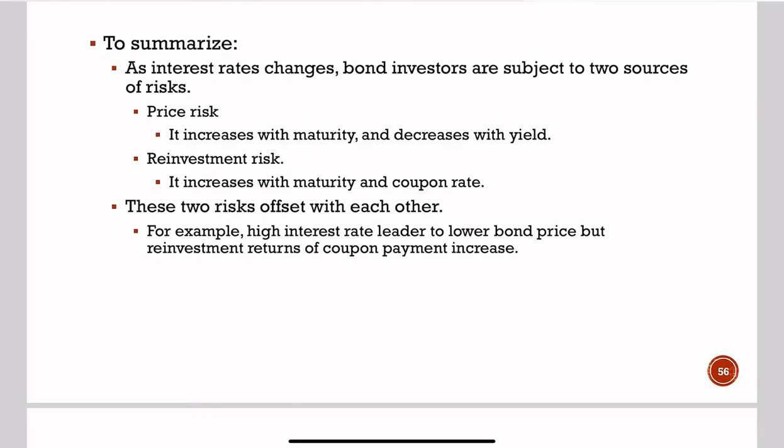You could also see that, interestingly, these two kinds of risks offset each other. Basically, if the interest rate increases, then bond price will be lower. However, the reinvestment returns of these coupon payments will actually increase, because now you could reinvest at a higher rate.